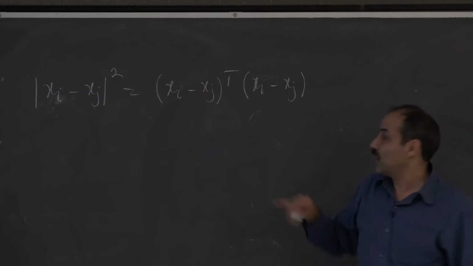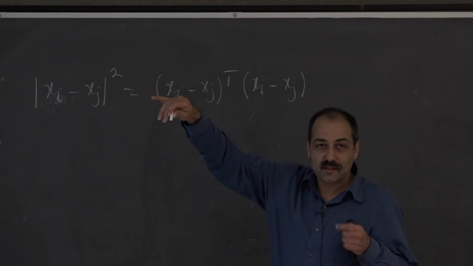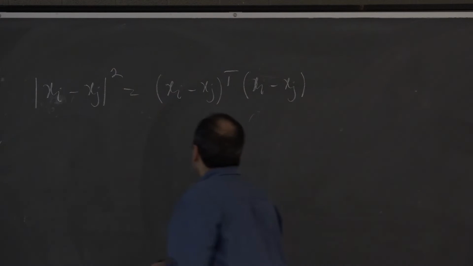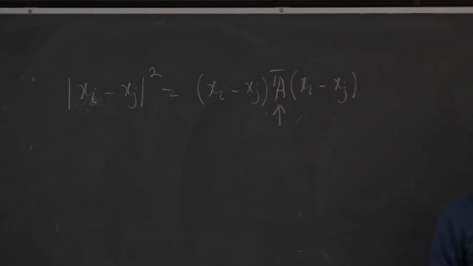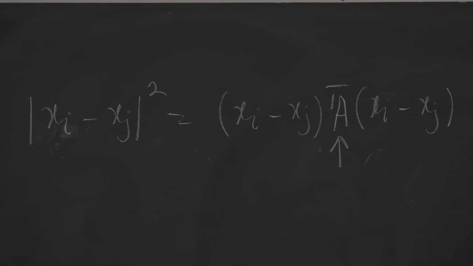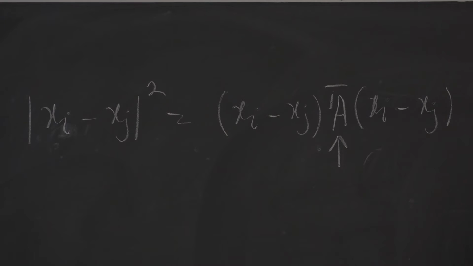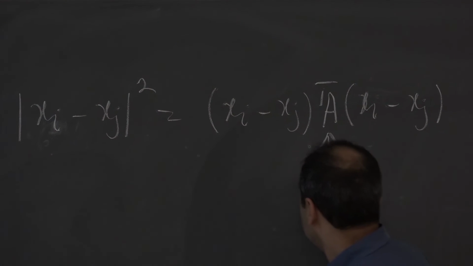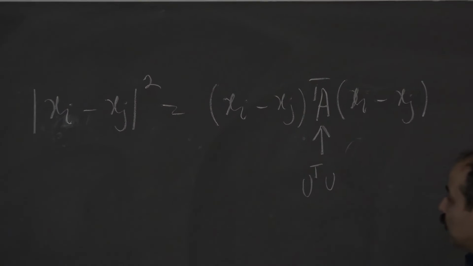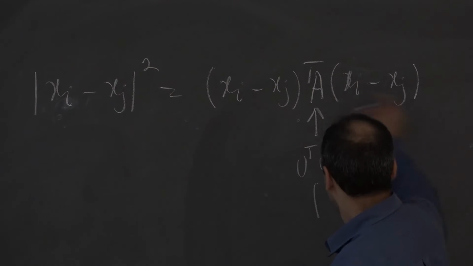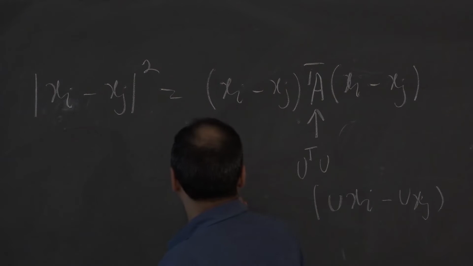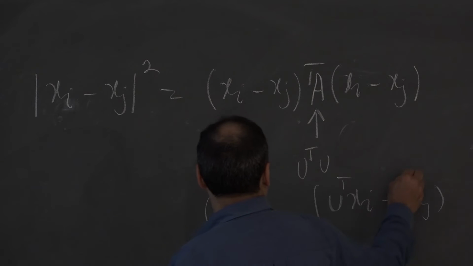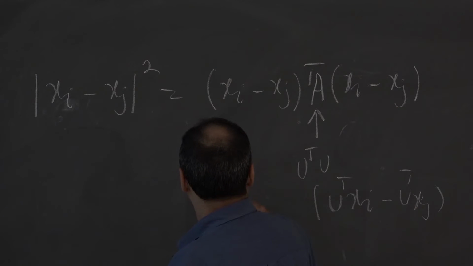So in metric learning, we are trying to compute a Mahalanobis distance instead of this Euclidean distance. So basically, we put a matrix A here, which should be a positive semi-definite matrix. If it's positive semi-definite, it can be decomposed into two matrices, U transpose U. And then I can take this U inside and write it as U xi minus U xj, which is U transpose xi minus U transpose xj.